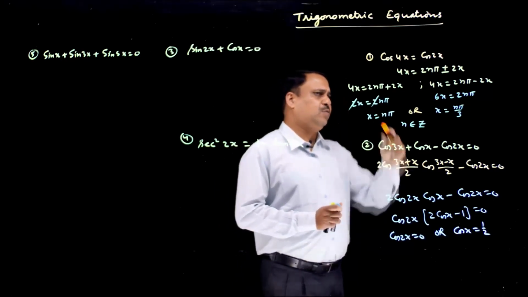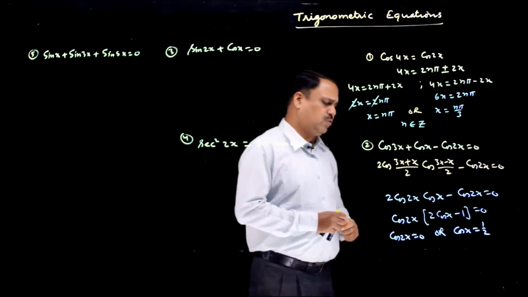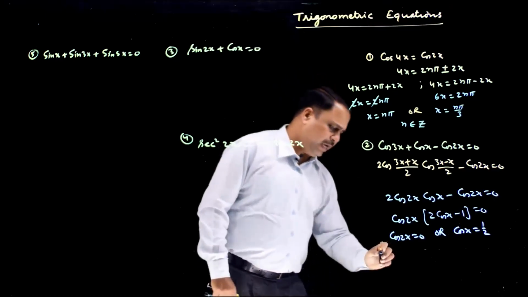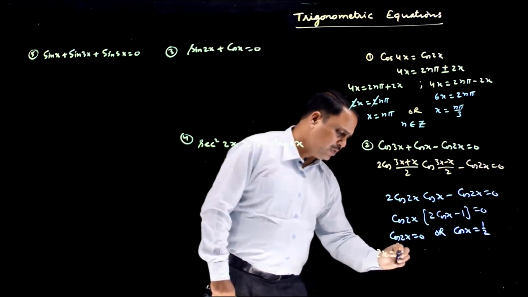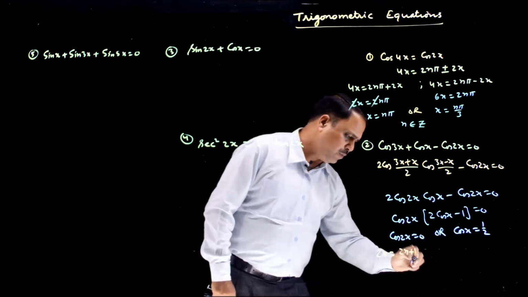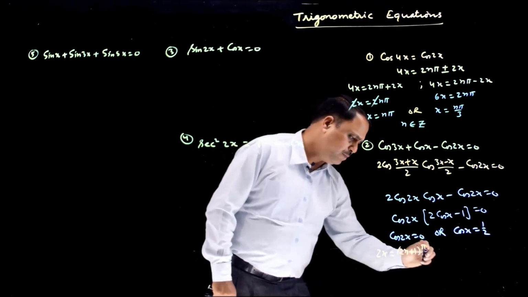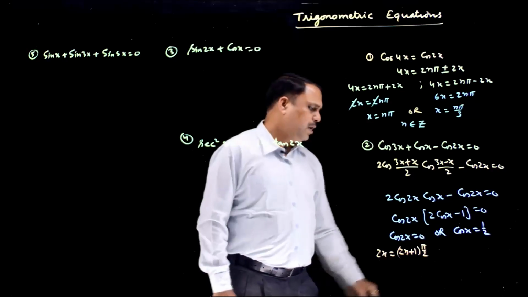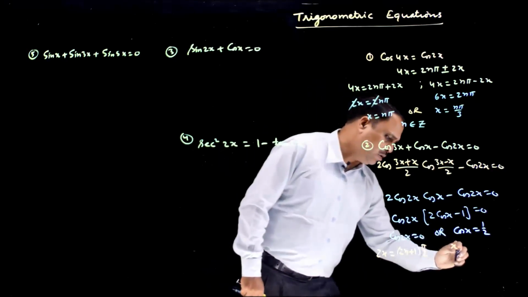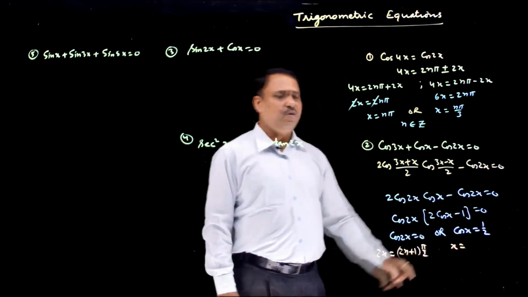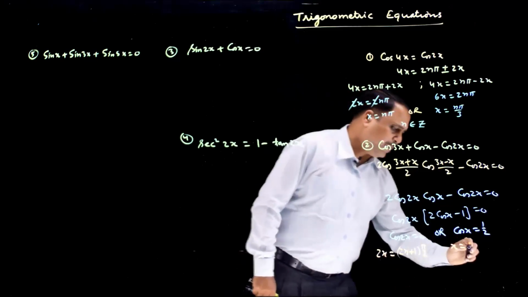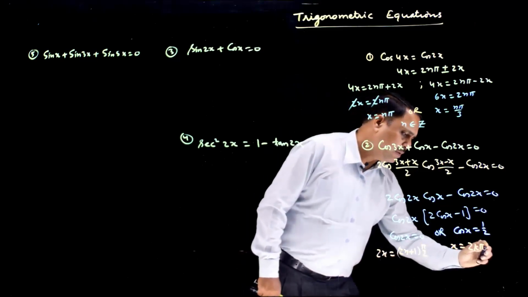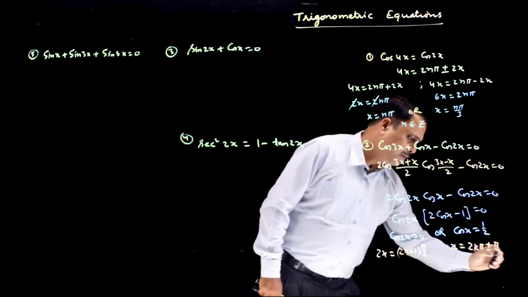And instead of using the same n here, you can use a different n also, k. So from here 2x is equal to (2n plus 1) into pi by 2. And from here you will have x is equal to, what is the smallest value? Pi by 3. 2k pi plus minus pi by 3.